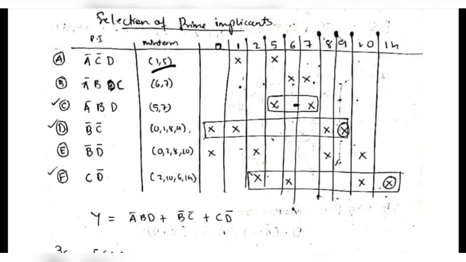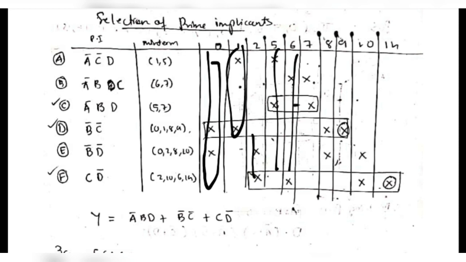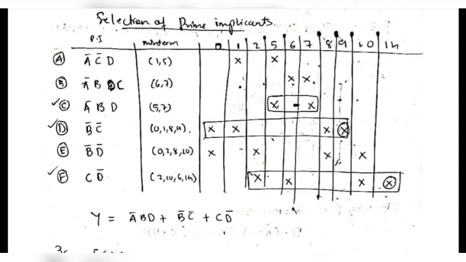See, this is 1 comma 5, so you will put a cross mark at 1 and 5. Similarly you will do for all others also, and after doing that your next task is to find those columns which have just a single x. This has 2 x, this also has 2, and the columns which have 1 x are this one and this one. See, in the 14th and 9th columns you have just a single x, so circle it.